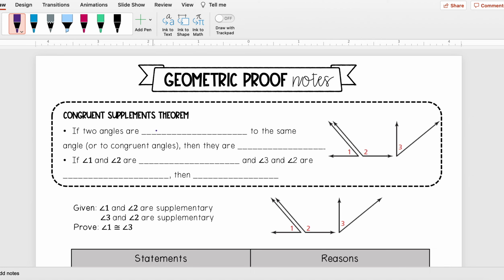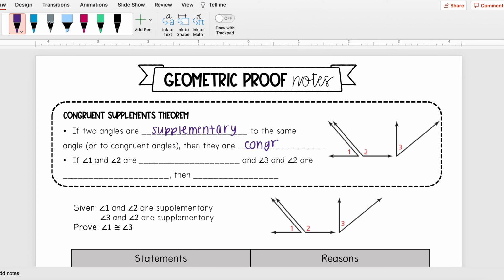So the congruent supplements theorem says if two angles are supplementary to the same angle, or two congruent angles, then they are congruent.